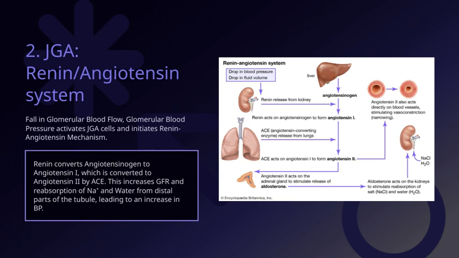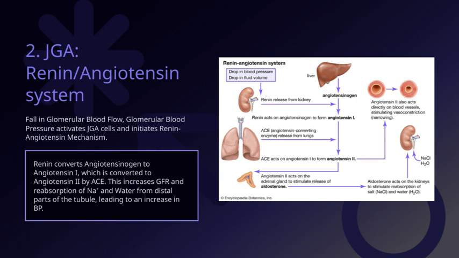Renin's role is to convert angiotensinogen, a protein produced by the liver, into angiotensin I. This is an important step because angiotensin I is relatively inactive. Next, angiotensin I is converted into angiotensin II by an enzyme called ACE, or angiotensin-converting enzyme. Angiotensin II is the main effector molecule in this system.